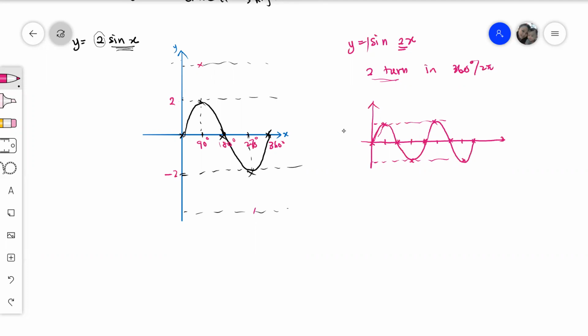So we have 2 turns, 1 mountain and 1 valley for one turn, another mountain and another valley for the other, all completed in 360 degrees. This is where we label: half of 360 is here, that is 180, half of 180 is 90, so 270 must be here. We only label 90, 180, 270, 360. The rest is not important. Just remember, if it is 2x, then 2 turns in 360 degrees.